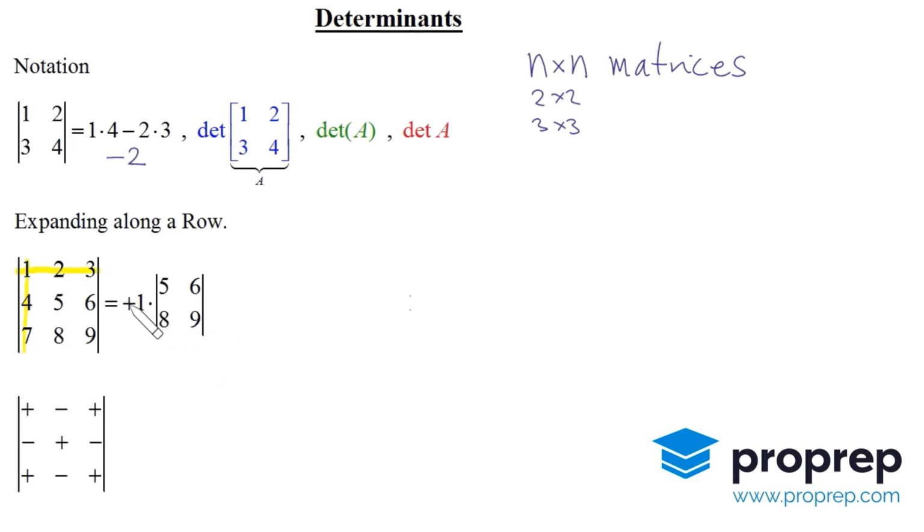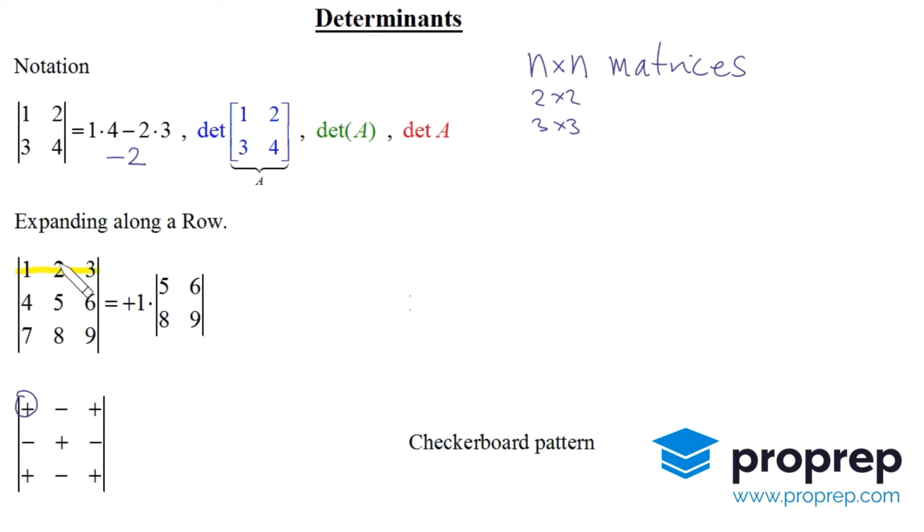This plus sign comes from, like a matrix but with signs, plus, minus, plus, so on, checkerboard style pattern. And the top left always begins with a plus, and then you alternate plus, minus, plus in each direction. So that's the plus. So our next element, which is going to be the 2, will have a minus.